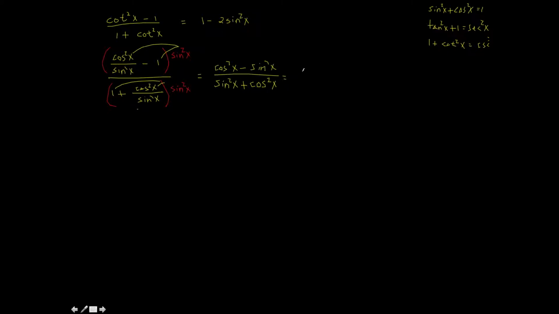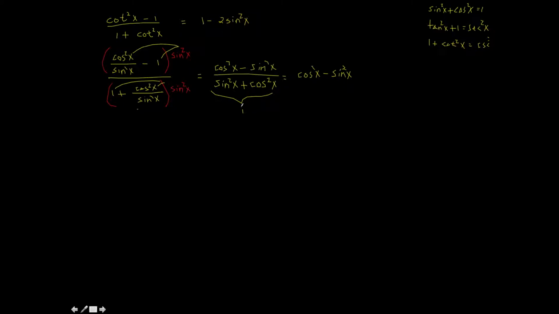So really what I have is cosine squared x minus sine squared x, all over 1. So just cosine squared x minus sine squared, because this right here equals 1.